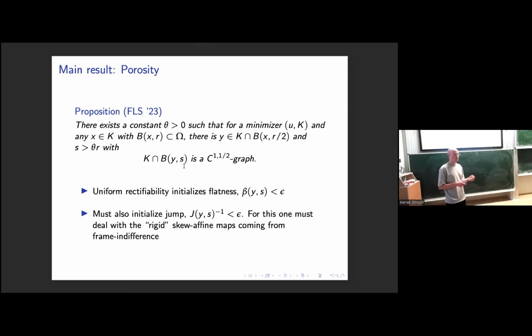We also have to initialize the jump. This is not a problem for Mumford-Shah at all. It turns out that because you have these affine maps, you're basically freely rotating one side of the crack while the other stays fixed, or vice versa. You have to fix a frame of reference to make sure that you can show that the jump is sufficiently large. So we also do that here.